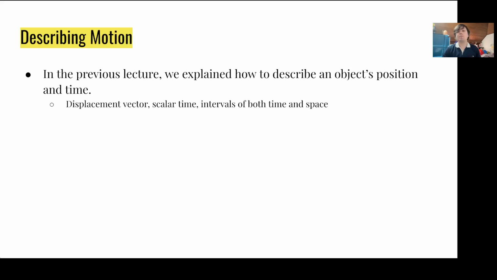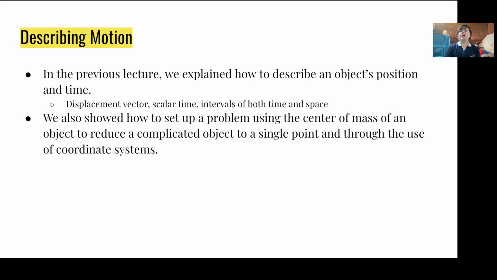Okay, so remember that we have been talking about how to describe motion in its most basic ways and how to apply useful concepts in mathematics in order to make a problem easier to solve. In our previous lecture, we explained how to describe an object's position and its time. That included things like the displacement vector, a concept of scalar time, and also intervals of both time and space.